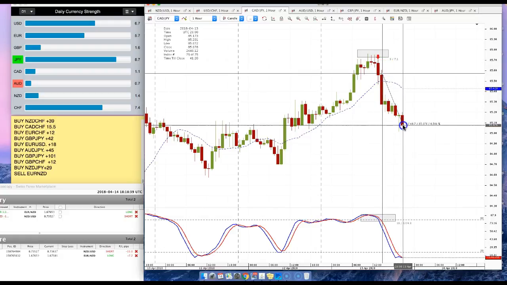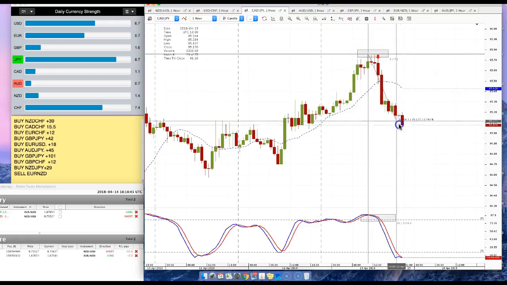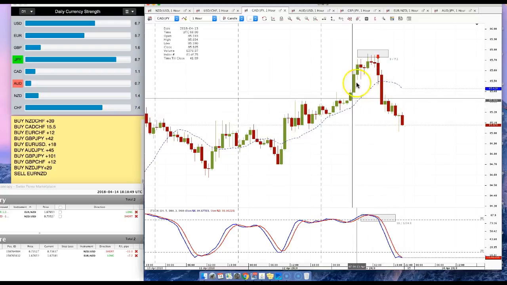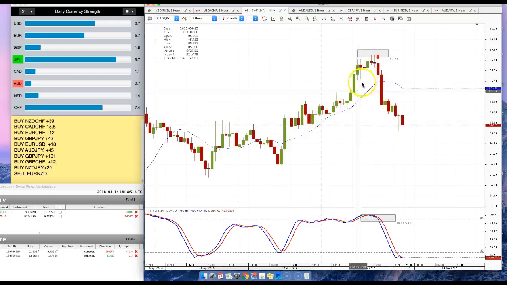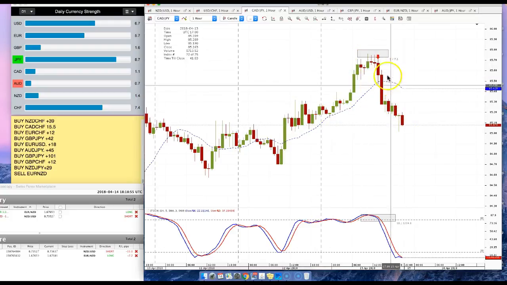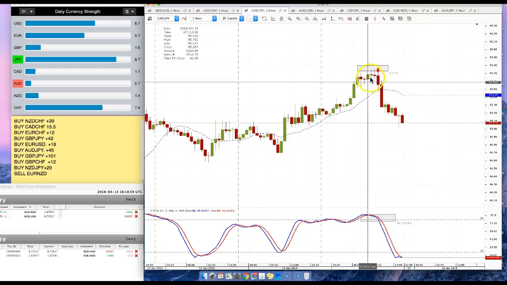Market went down about 49 pips. Now notice the daily range on this from the swing high to the swing low, 74 pips. So pretty much it gave everything back, but it's the daily range. The market went up, giving us a daily range, reversed, and again, about the same amount of pips to the downside as to the upside.